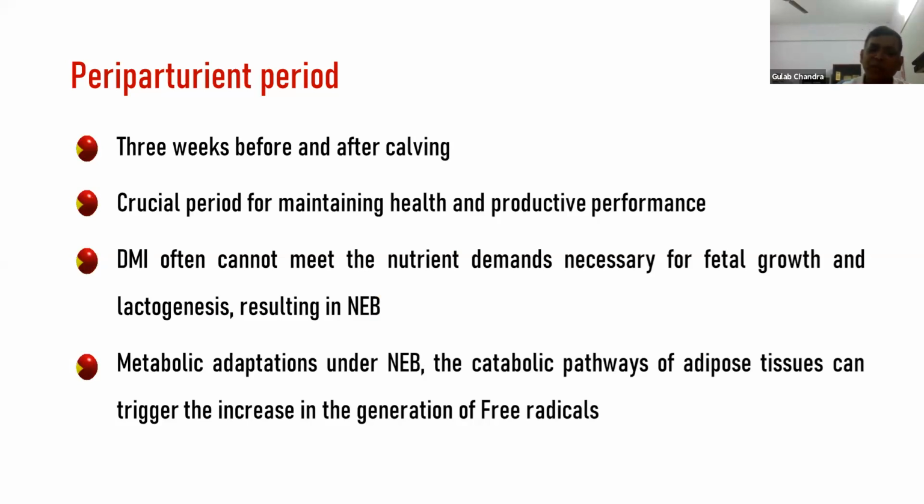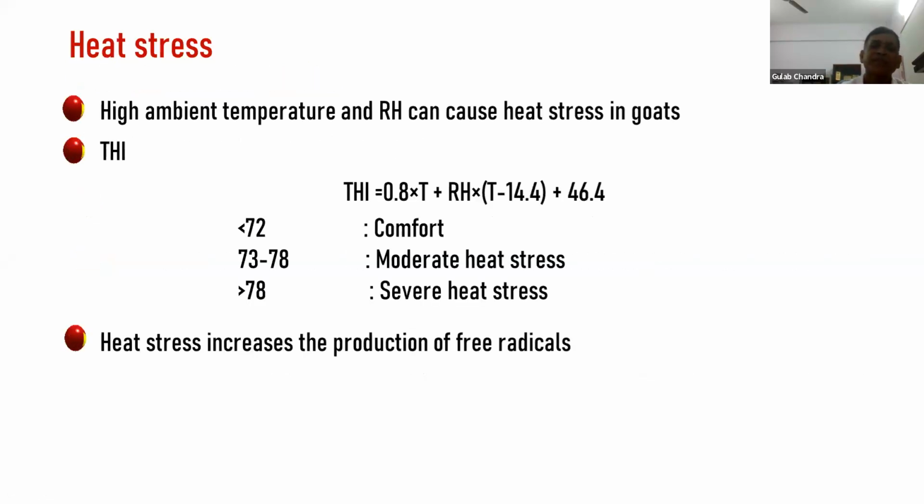This metabolic adaptation under negative energy balance causes adipose tissue breakdown in the form of NEFA, non-esterified fatty acids, that triggers the generation of free radicals during the peri-parturient period.